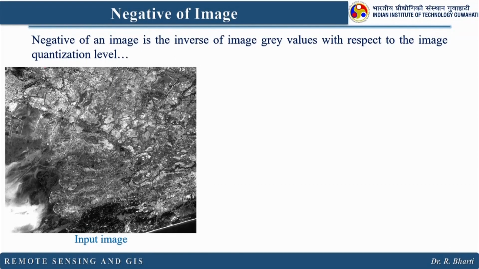Image quantization level is basically, if you have 8-bit data, then you will use 255 or 256 as your higher value, right. And here O max minus X is equal to your Y. So, O max is basically 255 when you are having 8-bit data, right. But in case your radiometric resolution is different, then the O max value will be different.